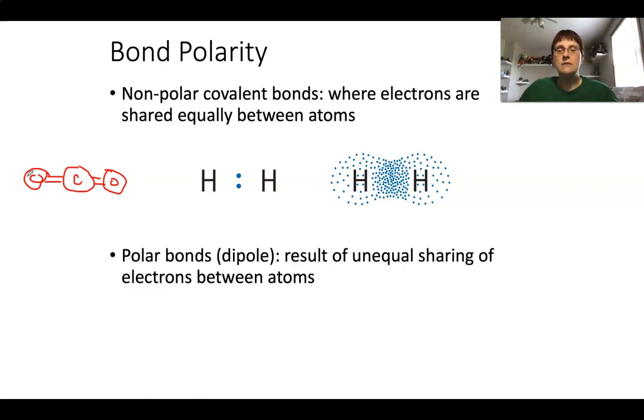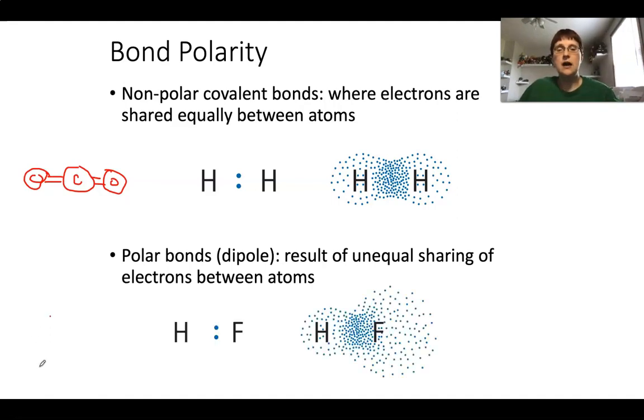When we have an unequal sharing, this is where we get what we call a polar bond. Sometimes you'll see it written as a dipole, di for two, because you've got two different poles, two different places where the electrons are being pulled on. And so this most commonly happens when you get different atoms in a bond.